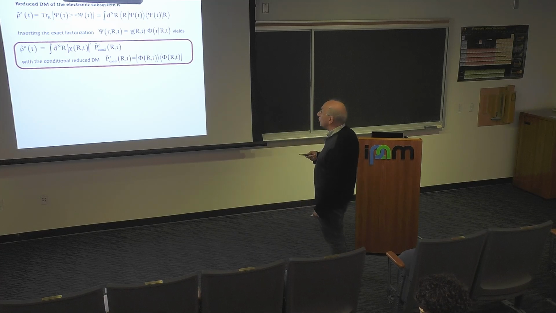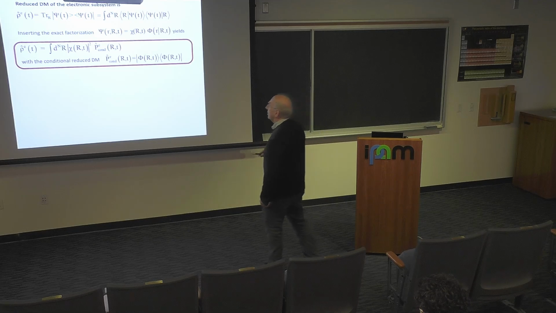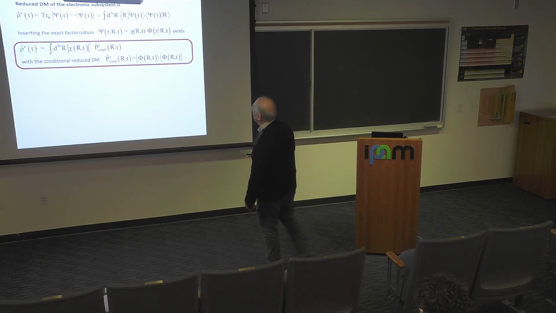So we call it the conditional reduced density matrix. And then you multiply this with the nuclear density, right? So the absolute square of the nuclear factor. And then we get the reduced density matrix.